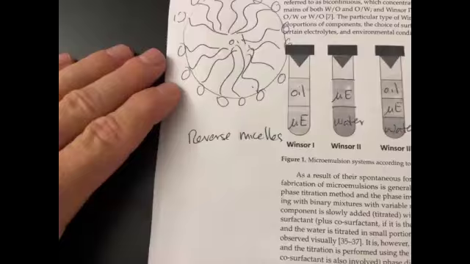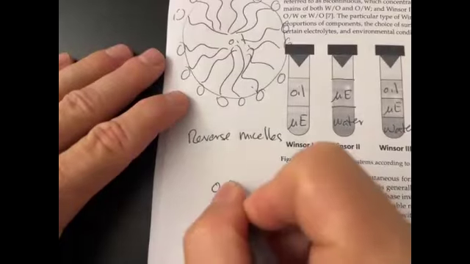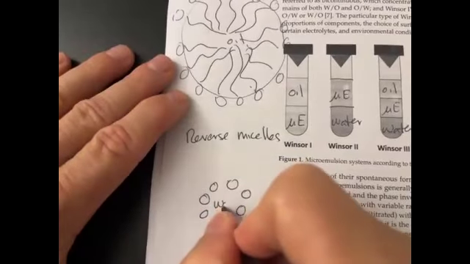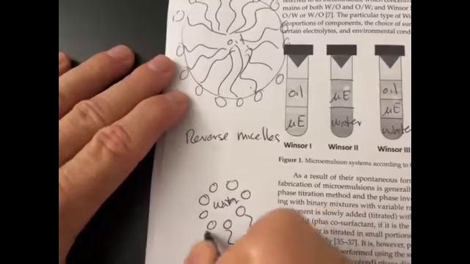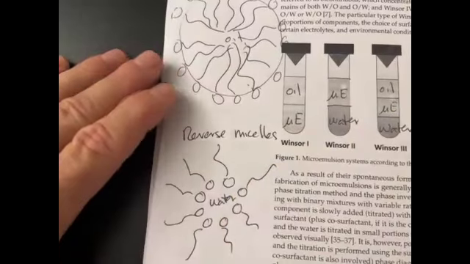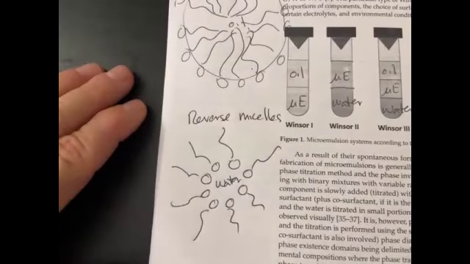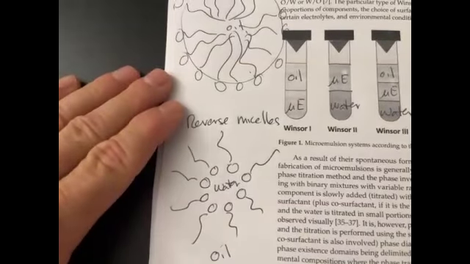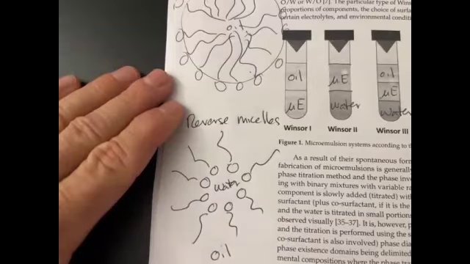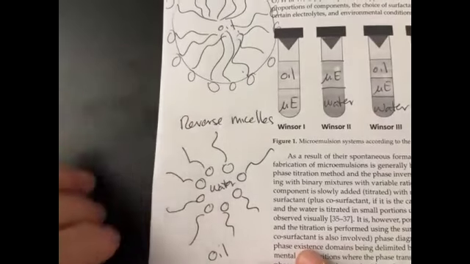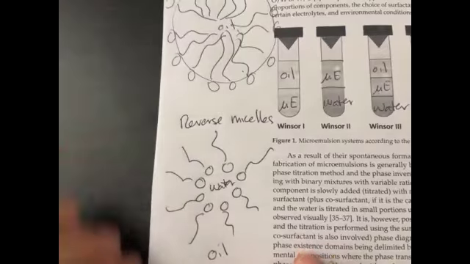And in reverse micelles, the head groups are in the middle with the water, and the chains stick out like that. That's a terrible version of it, but that's the basic idea of what a reverse micelle is. And in a reverse micelle, the oil phase is continuous, and the aqueous phase, maybe we've talked about how there might be salt in some of these solutions, would be the water phase.